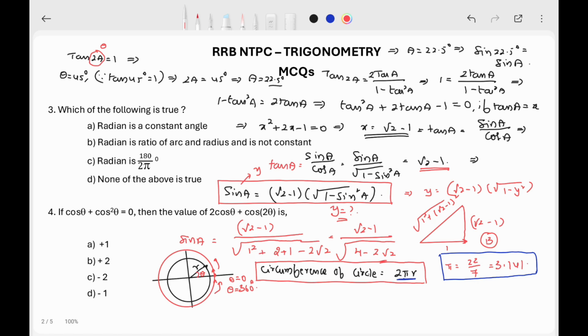The angle measured in degrees is 360 degrees. When you measure the same angle in radians, 360 degrees is equal to 2 pi radians. Please remember this. From this concept, this value has come.